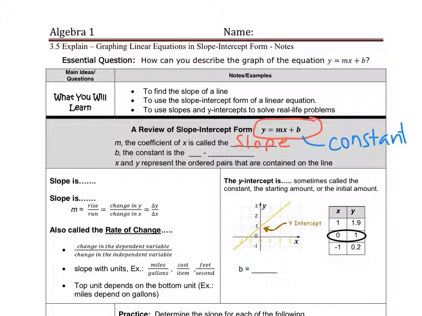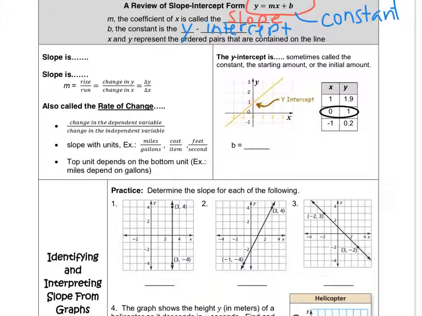It's also called the y-intercept. So it's where this line actually crosses the y-axis. So talking about the y-intercept, if we scroll down here and look at this graph, we look on our y-axis and we want to know where the line crosses the y-axis.